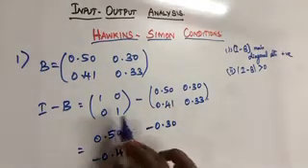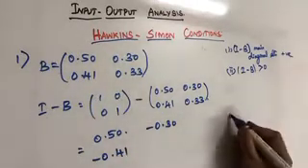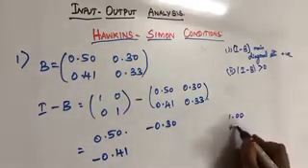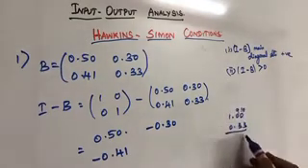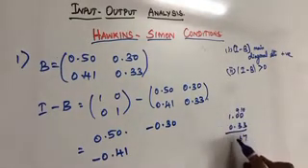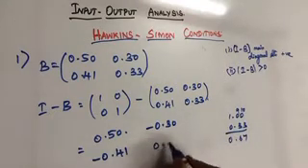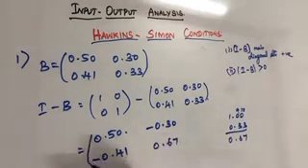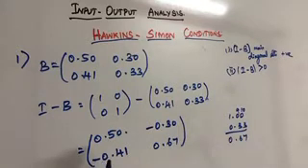Here 1 minus 0.33, so 0.67. This is the matrix I minus B.